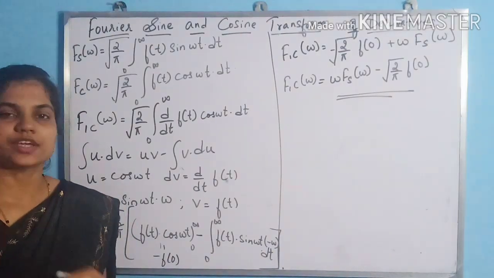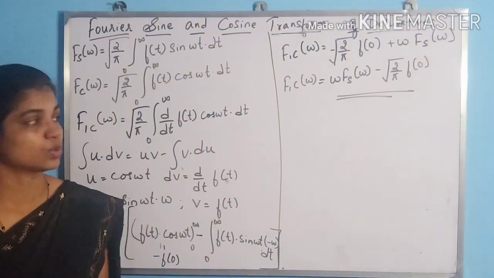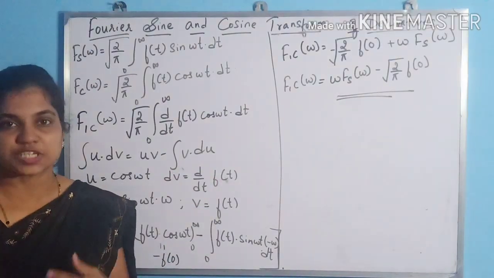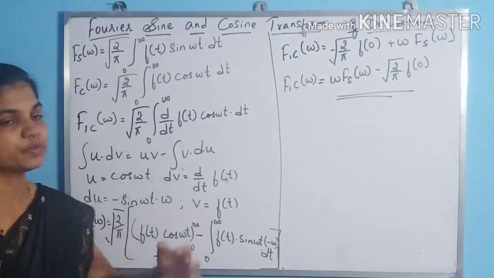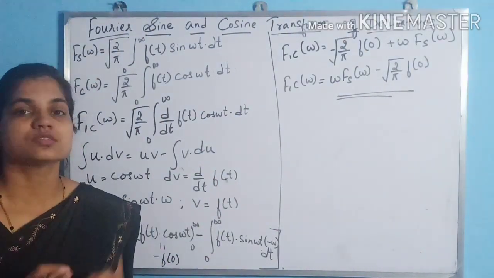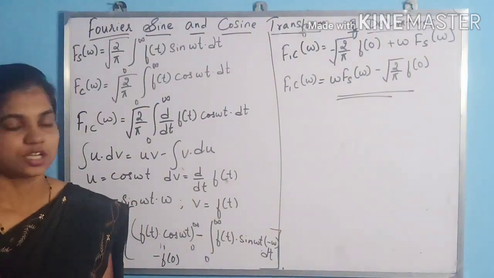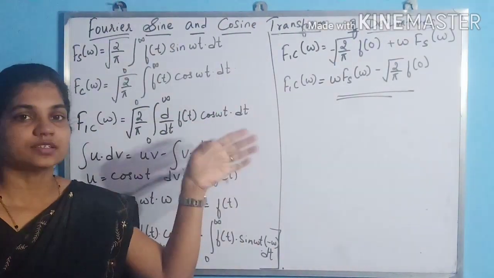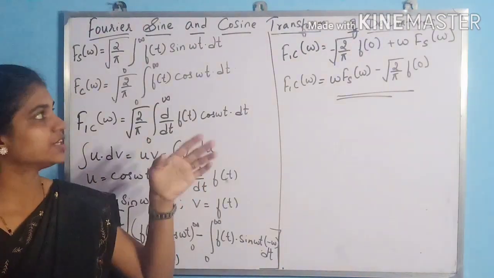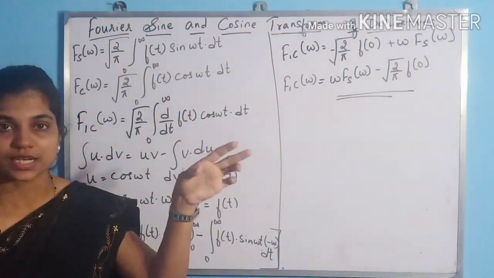So similarly, we can find the second, third and so on. But we are not going to get a generalized value because they are not going to be the same everywhere, or it is not following a definite pattern. So we have to find the second derivative, Fourier sine transform of second derivative.